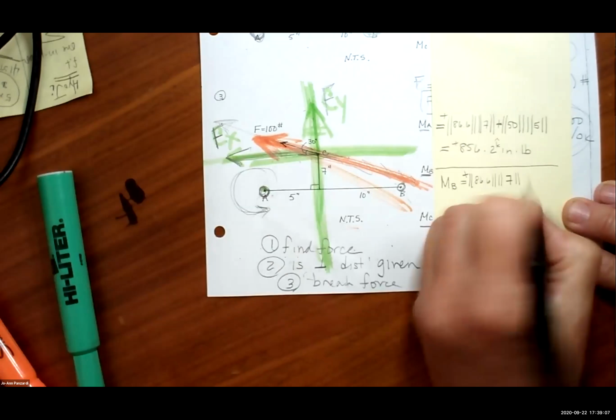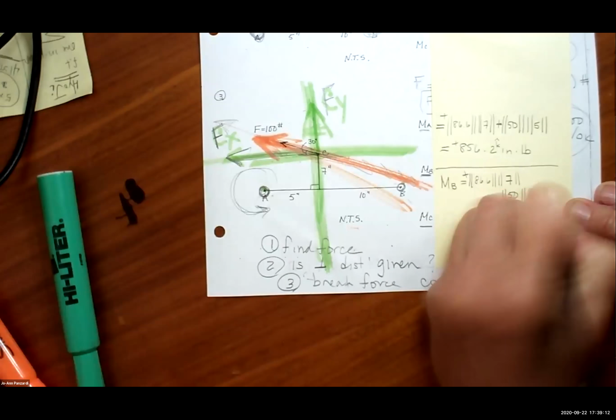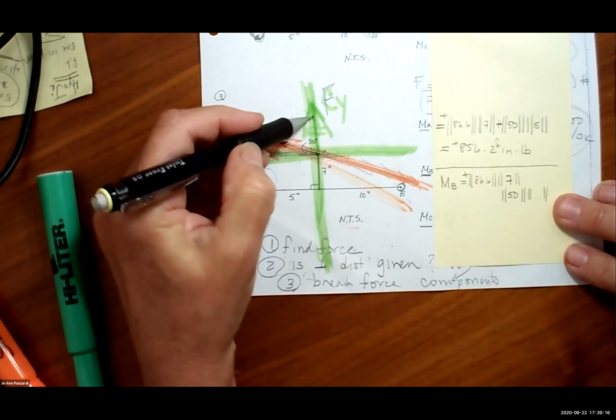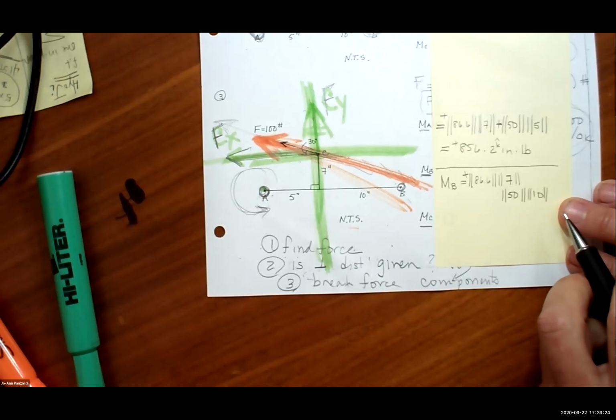Okay, now we do the second part of it. Fy is 50, absolute value of 50 times the absolute value. Luis, what is the perpendicular distance from Fy to B? 10 inches, yeah. Great. Does it create a positive or negative moment? A negative moment. Great. Everybody watch me.